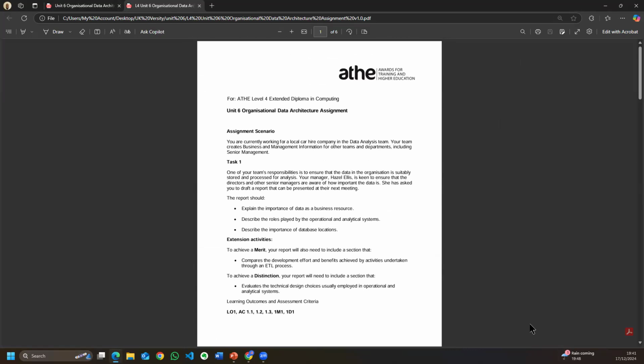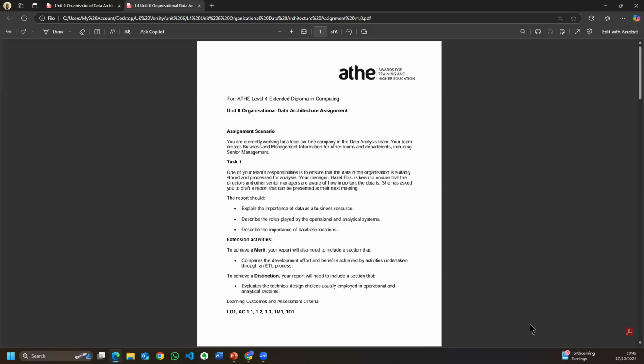So the assignment has a word limit, which I believe is 4,500. Am I wrong? From the last unit, they're usually around 5,000-ish, yeah. So we have a word limit of 5,000 words.